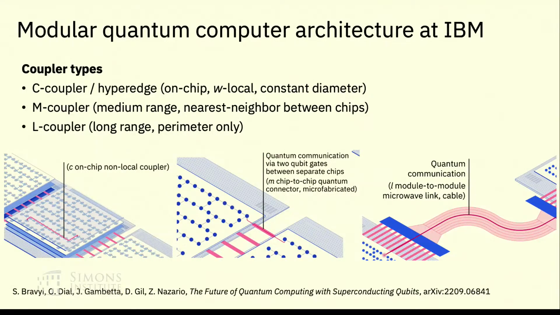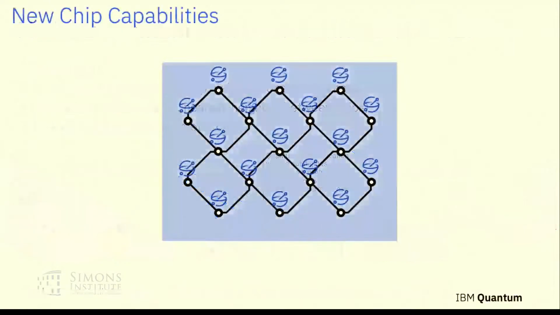But what I really want to focus on are the C couplers, which we envision are longer range connections between qubits on the same chip. Okay, so this can give us the power to implement some more exotic LDPC codes, and so we can get away from the surface code.